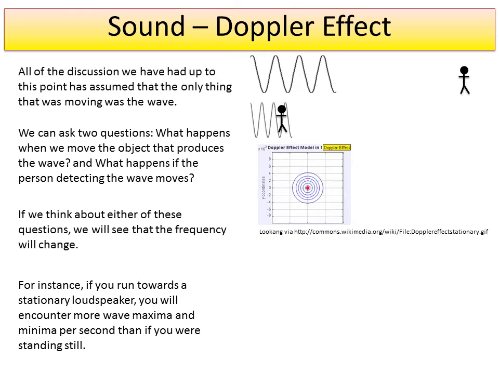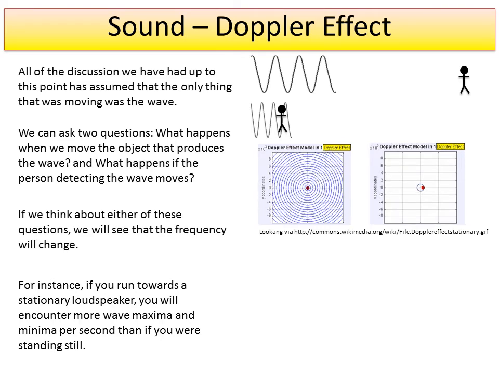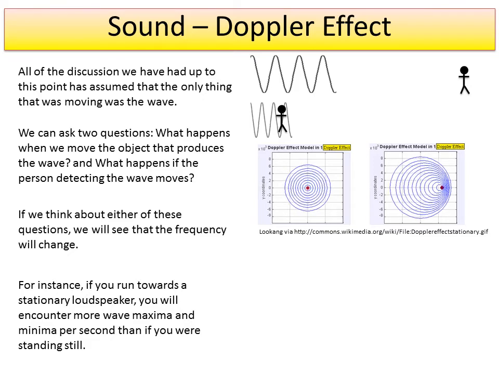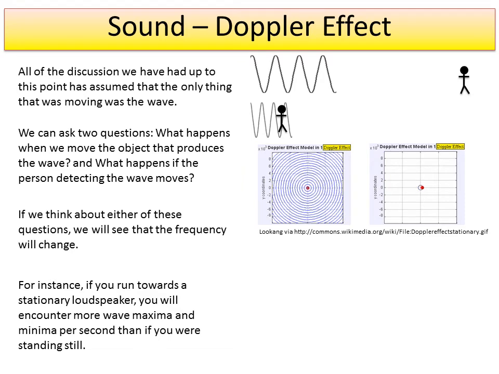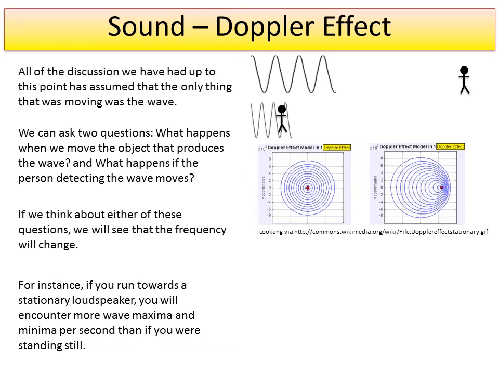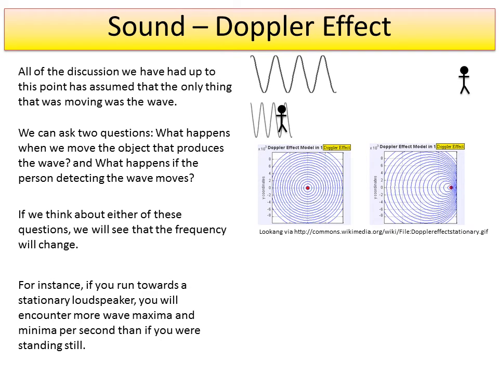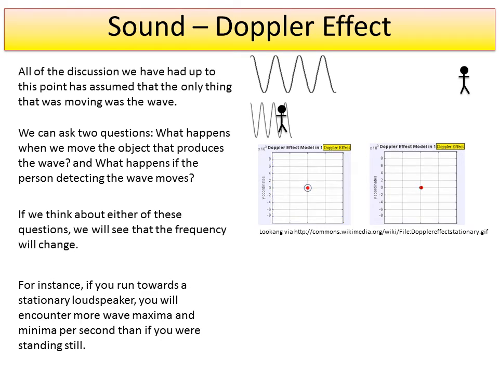There's a possibility that the source, what's producing these waves, can move as well. So in this case, our source, right in the middle, is at 0. It's not moving at all. But if the source starts to move, each of these waves will be created at the center of the source, but that source is moving, so the waves on the front side get compressed because the compressions become closer to each other.